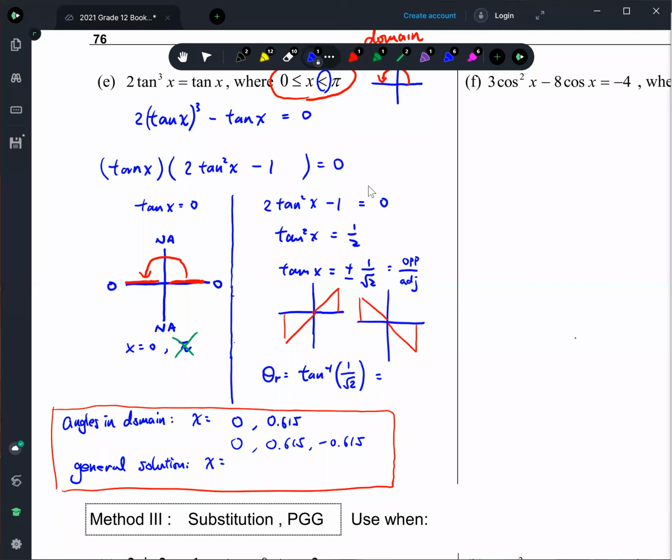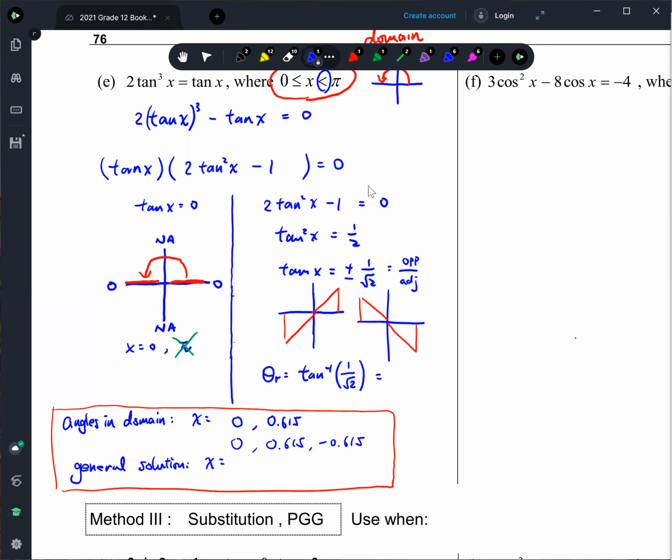Okay, Evan, can you tell us what's the reference angle here? Oh, 45. No, it's not 45. This is not special. You need a calculator for this. This is not 1 over square root 2.